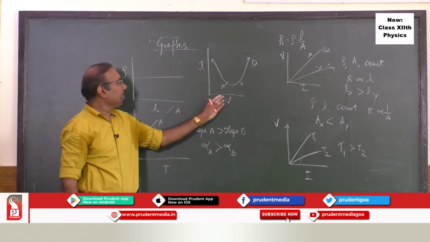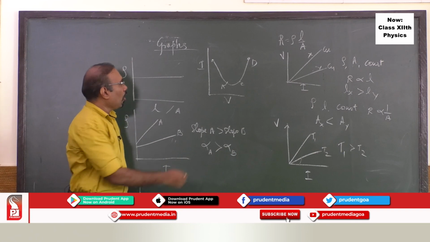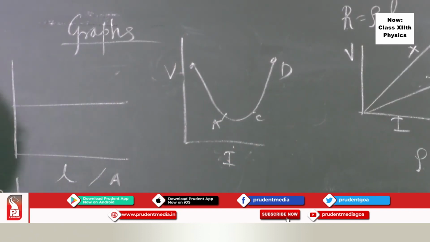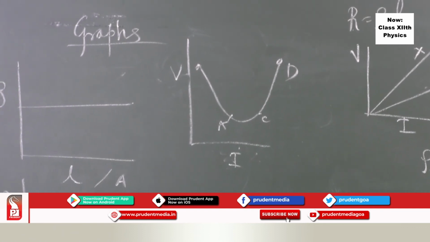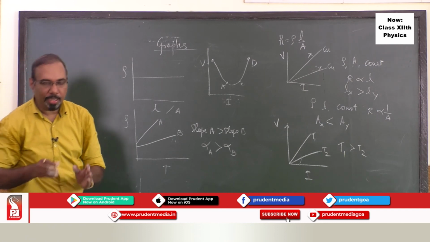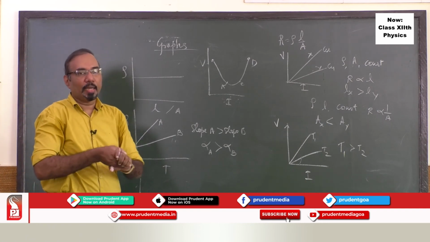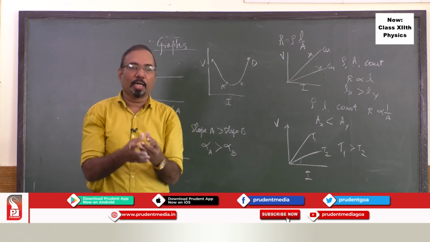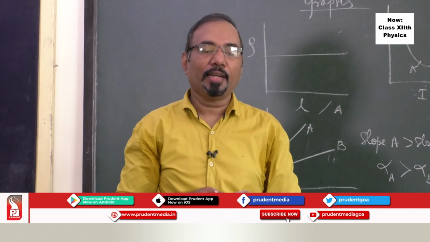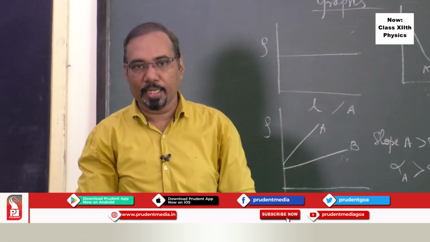As the voltage increases, resistance is decreasing, or you can take V versus I also and infer in which region the resistance is negative. So these are the various types of graphs involved in this particular chapter. So go step by step, learn the concept, go through the graphs, learn the basics to solve the numericals. That will help you to understand this particular chapter.